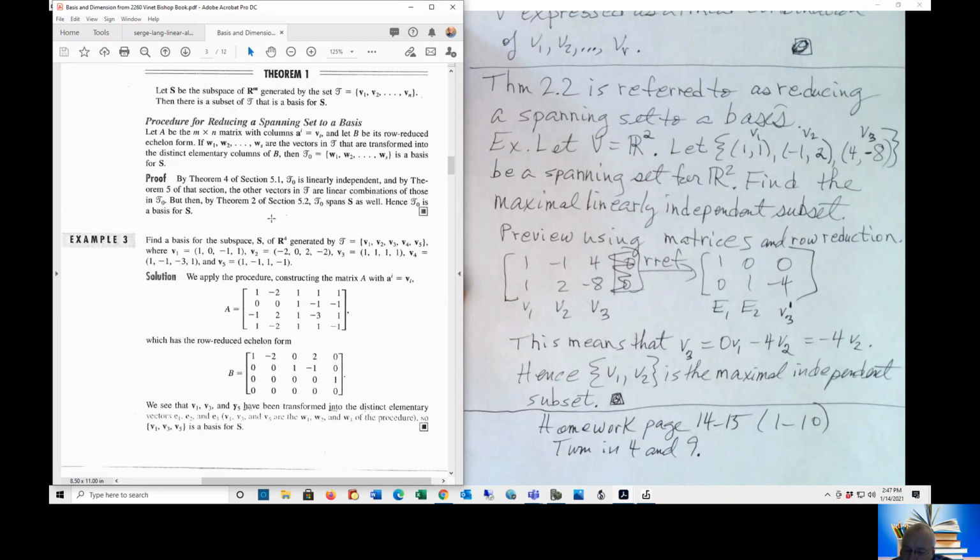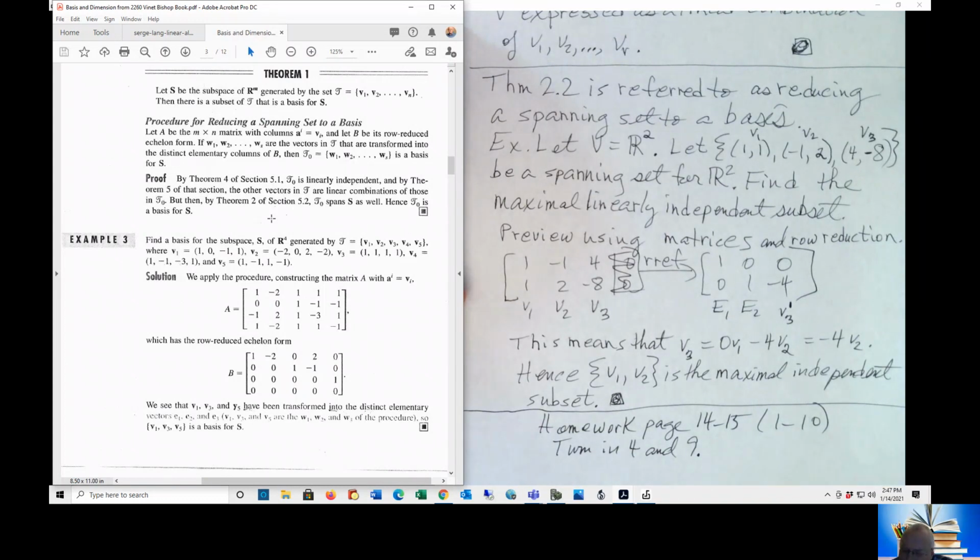Now, what this means is the following. In the reduced row echelon form, notice the columns in the reduced form. The first column is e1. The second column is e2. Now, the unit vectors e1 through e sub n are called elementary vectors. An elementary vector is a vector that has only one 1 and all the other entries are 0.